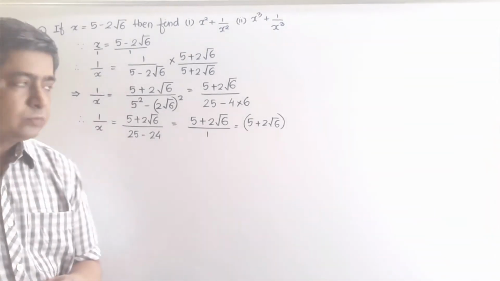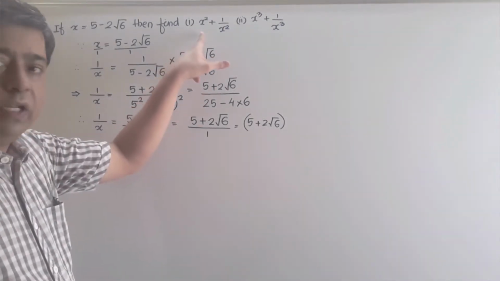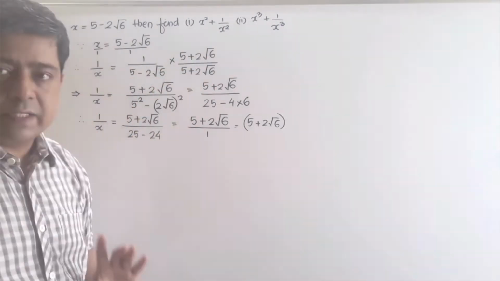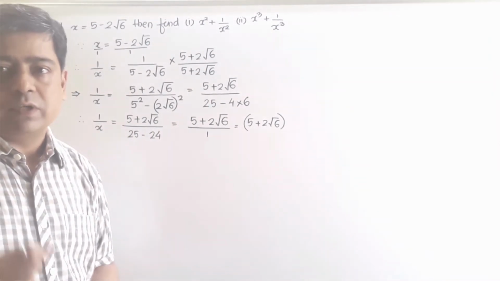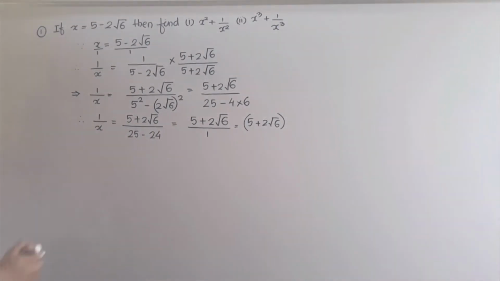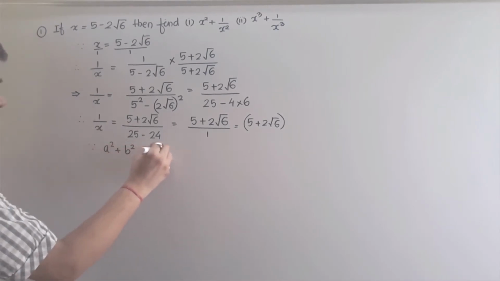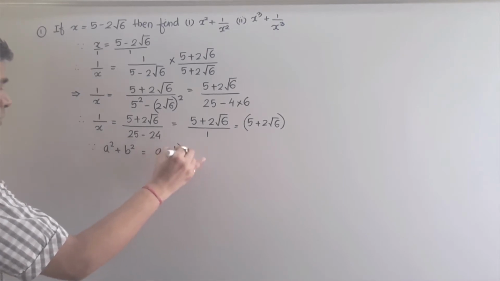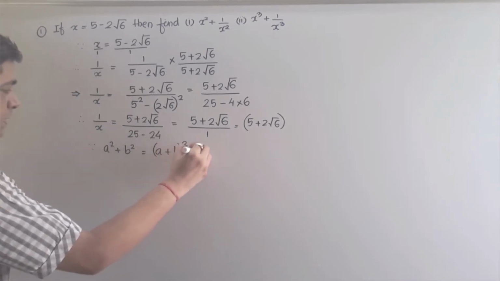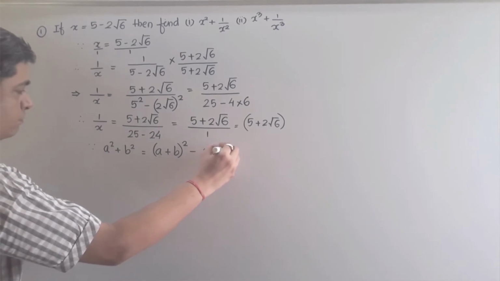Okay, now I need to find the value of x square plus 1 upon x square. For this I will use one special formula: a square plus b square is equal to a plus b whole square minus 2ab.